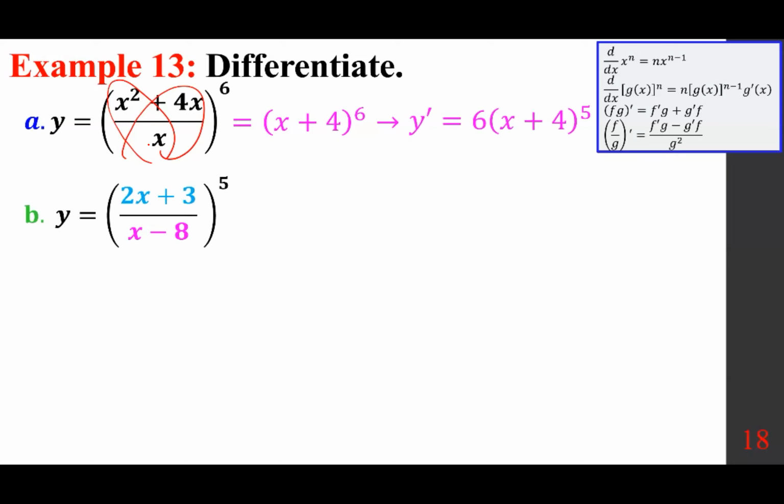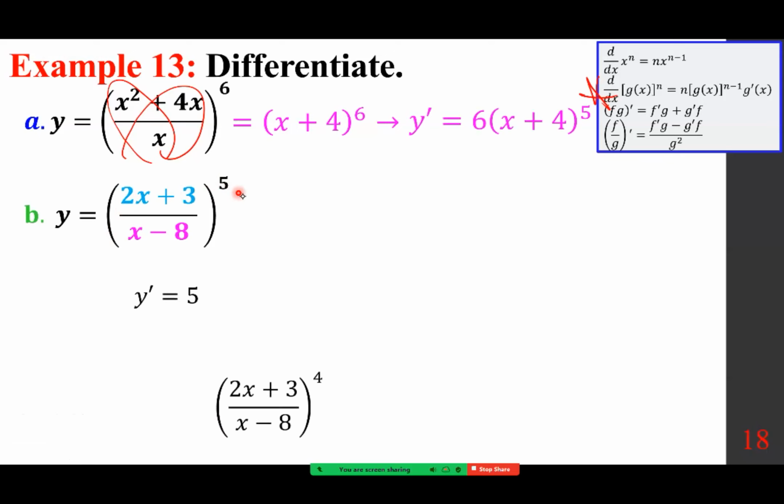Extended power rule. 5 times the same thing to the power of 4.